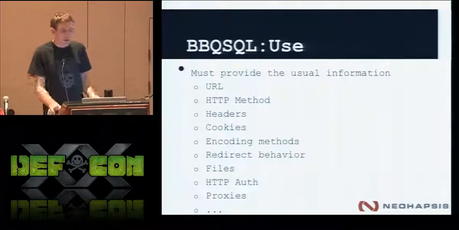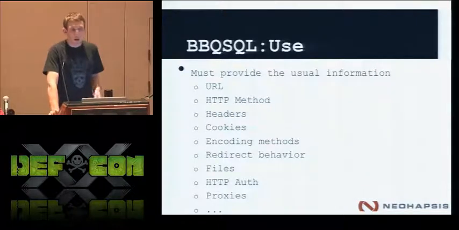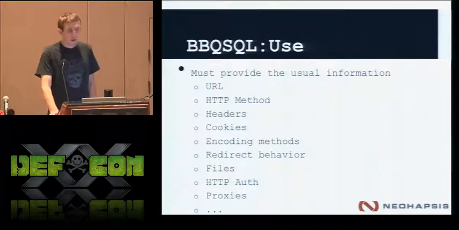I'm going to talk a little bit about the use of the tool. Like any tool that is going to be making HTTP requests for you, you need to specify what request you want it to make. So you need to tell it what URL and the HTTP method, that's the basics. On top of that, you can specify any other aspect of the HTTP request.